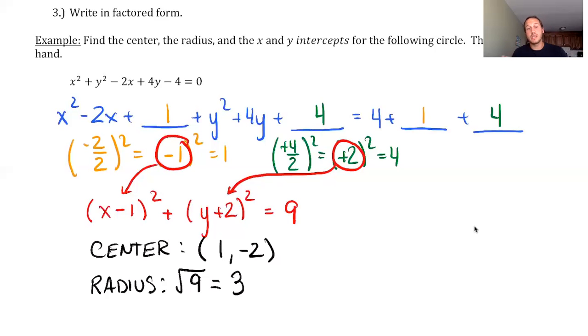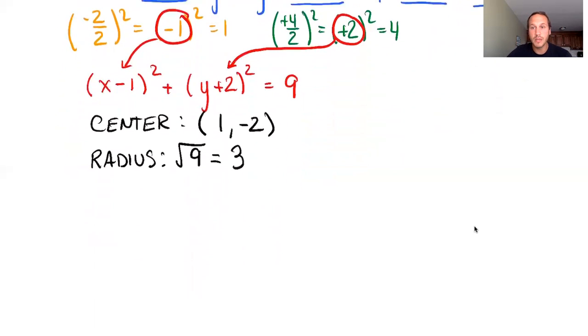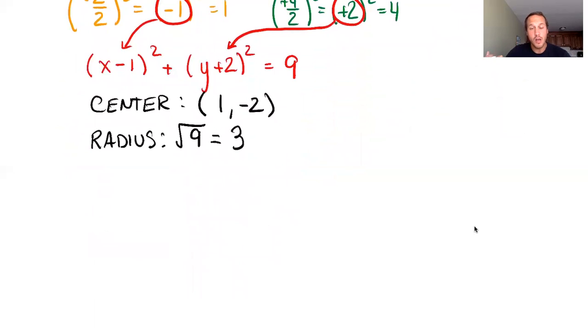My formula is x minus h squared plus y minus k squared equals r squared. So in order for me to find r, I just take the square root. Those two things you should be able to do without me. Those two things in a college level honors class, you should be able to remember from last year. If not, I'm glad we had this little bit of a review.